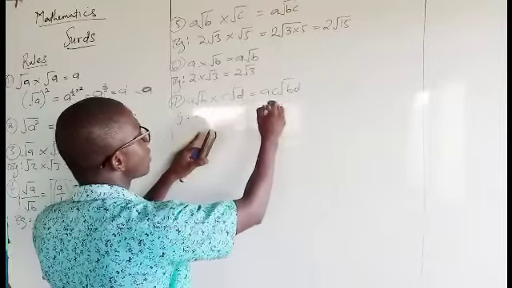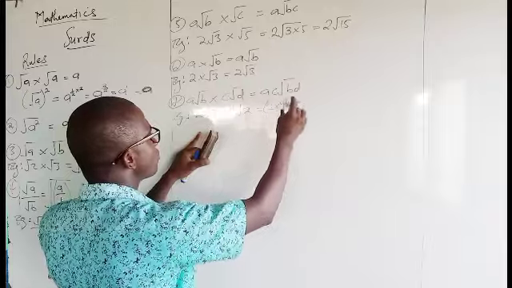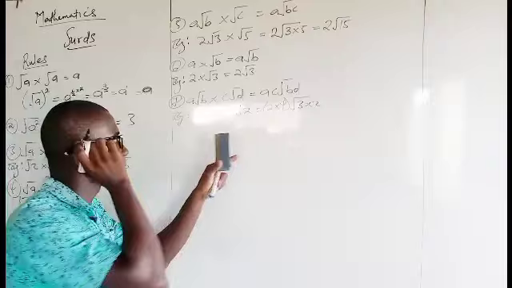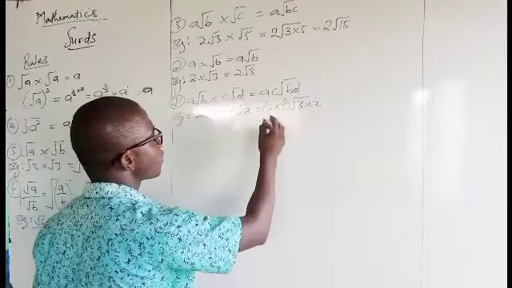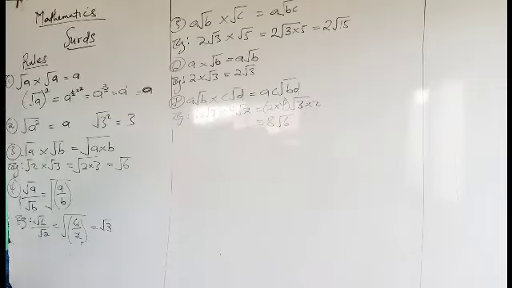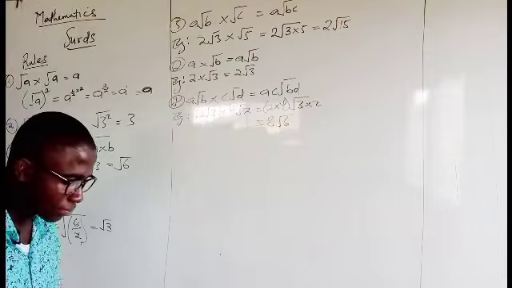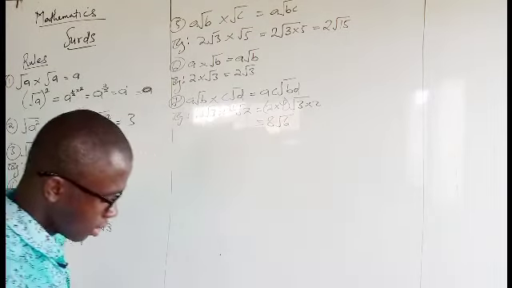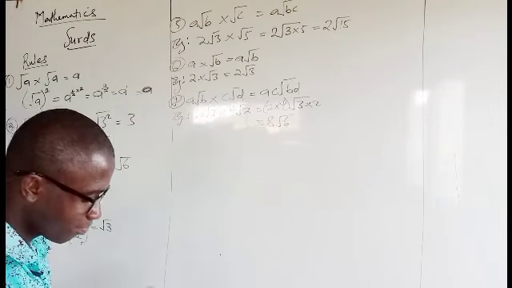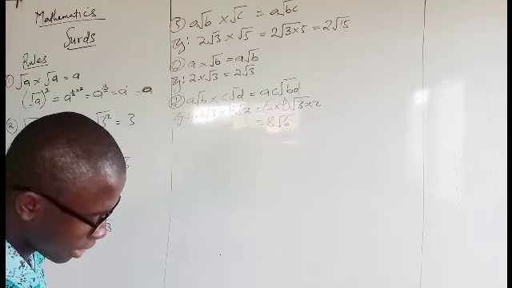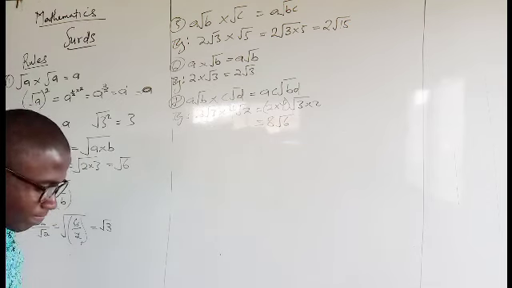So here we have 2 times 4, square root of 3 times 2. Right? So our final answer will be 8 root 6. So basically these are the rules in solving surds. If you are able to get these rules, it will be very simple to solve.